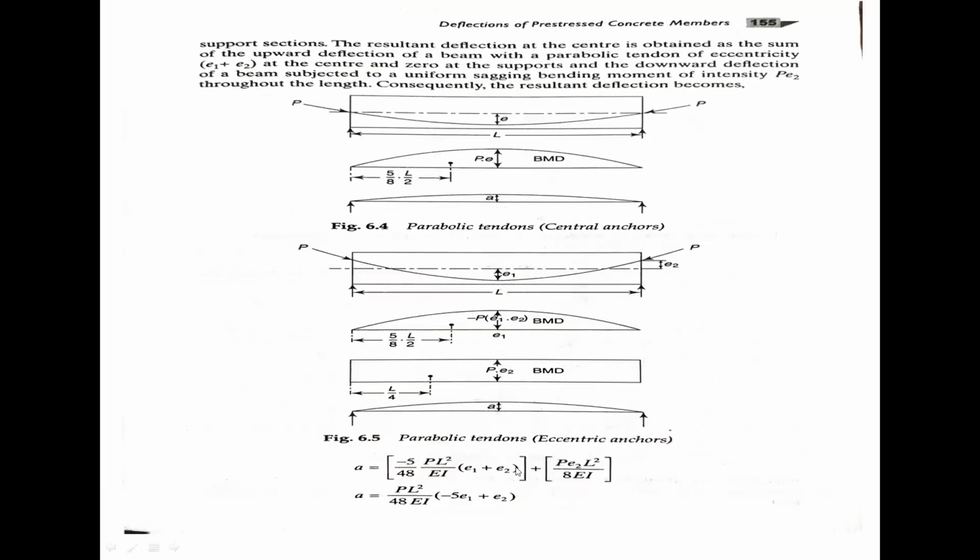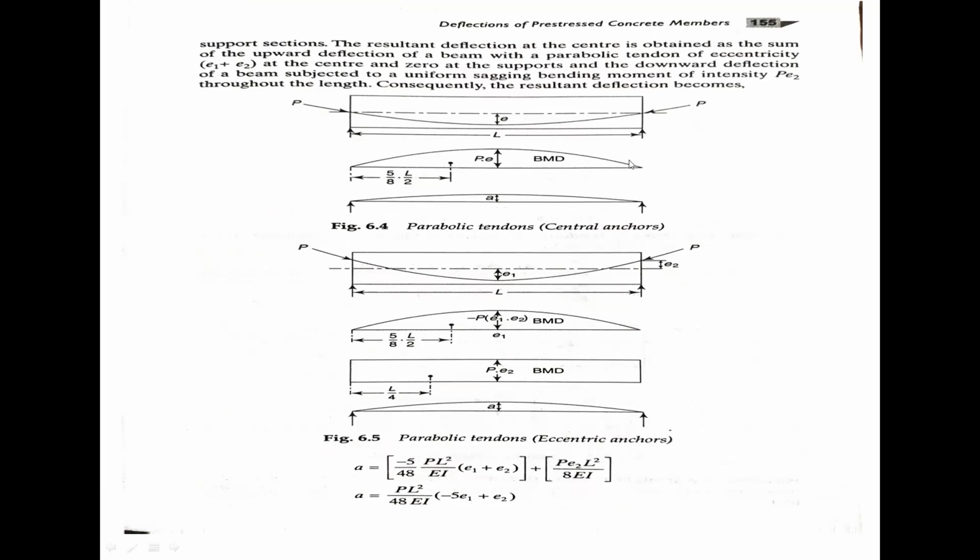Now, parabolic tendon for central anchors: the deflection of a beam with a parabolic tendon having an eccentricity small e at the center and 0 at the supports is given as follows. This is the diagram for parabolic tendon eccentricity. This is the prestressing force.